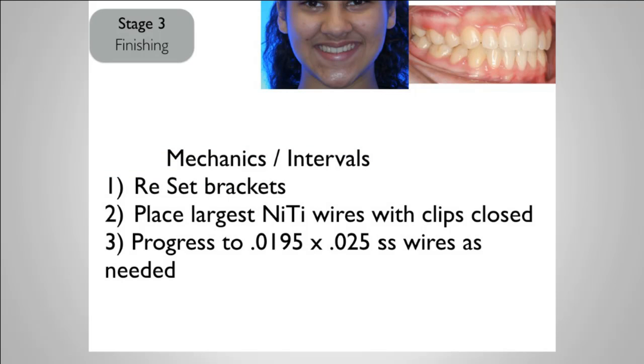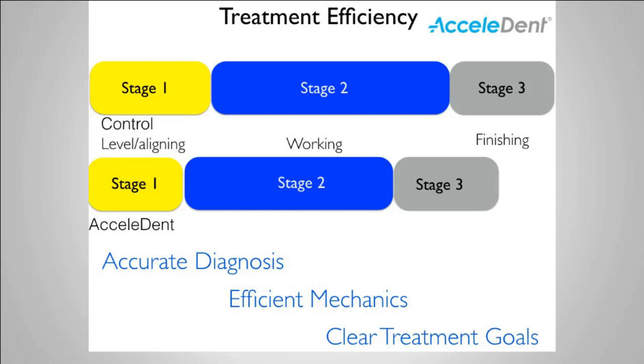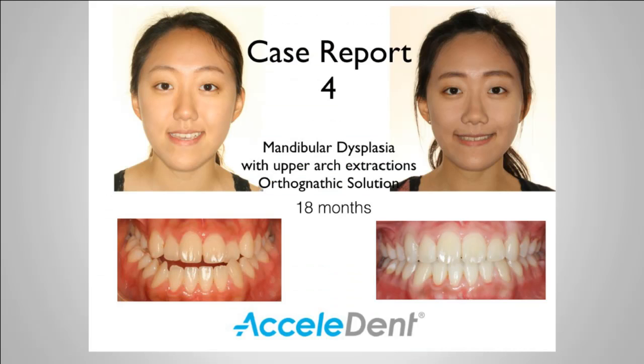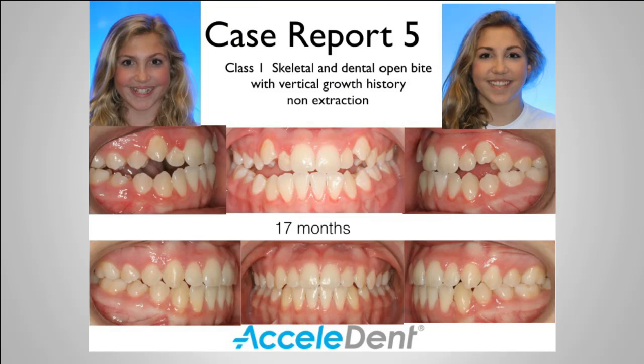And of course, the criteria and action items for finishing stage 3 are stated once again. Again, we want to move to the left. Have the cases go faster in stage 1 and 2 and hopefully 3. So summary case report 4 on Erica, 18 months. The anterior open bite case, 17 months with a history of growth.